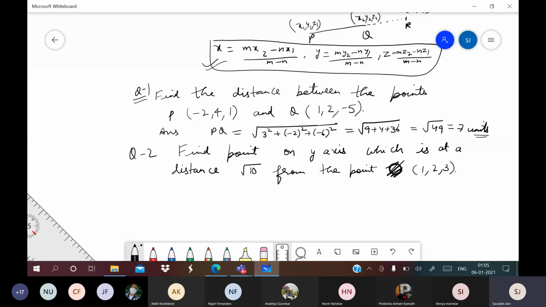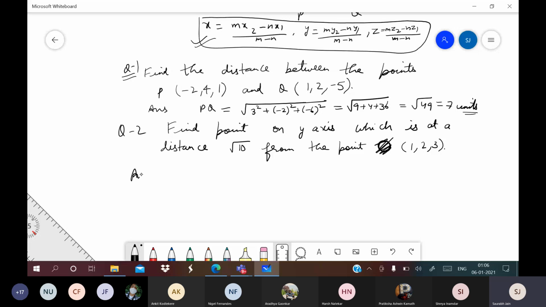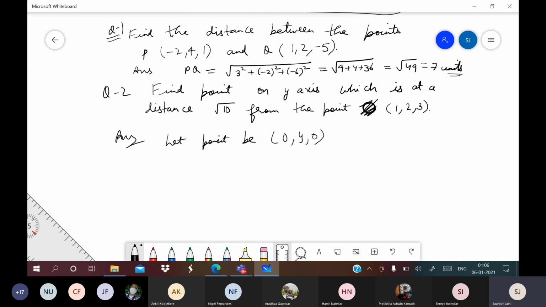Why you are taking so much time? You have to find a point on y-axis, no? So let point be 0, y, 0, because point is on y-axis. Correct? Now use distance formula. What else?